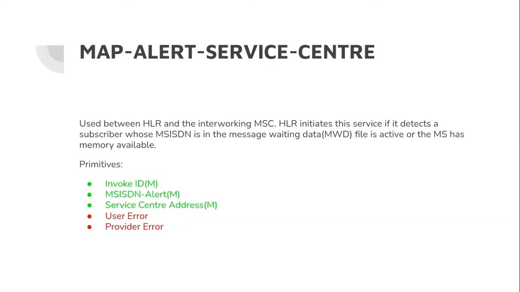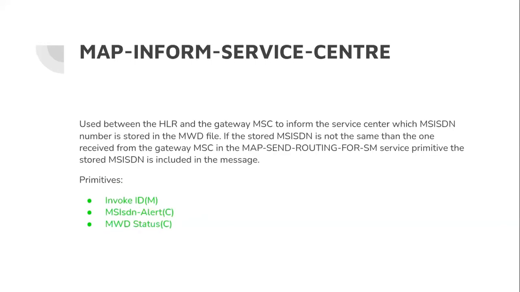So part of the primitives: invoke ID, MSISDN alert, and the service center address. So mandatory fields here are the invoke ID, the MSISDN alert and the service center address. Part of the response is always the user error and the provider error. And those are always optional. They are not mandatory fields for the response.